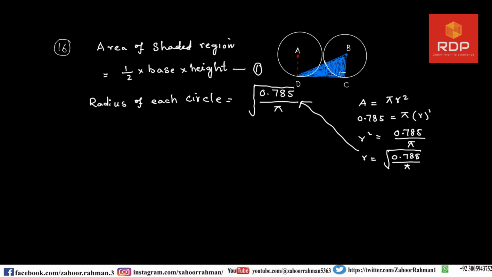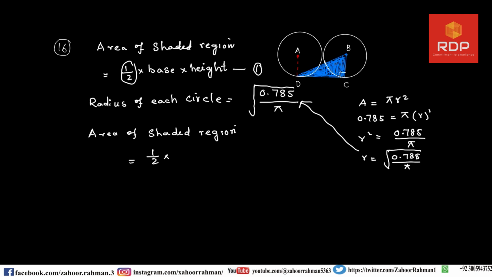Now putting the value of radius in equation number 1, we will get the area of shaded region. Area of shaded region will be equal to what? First we write 1/2, which is this one.